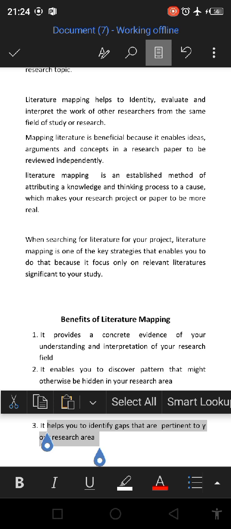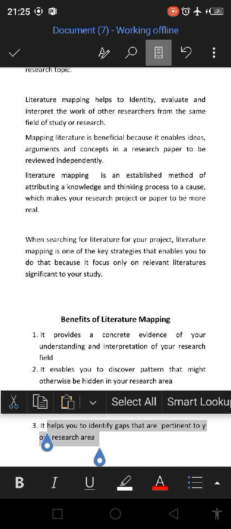A gap makes your work unique, because it makes your work stand out from the crowd. That is what others have done before. And it is the gap that you are covering in your work that leads to the fresh area of contribution to knowledge.